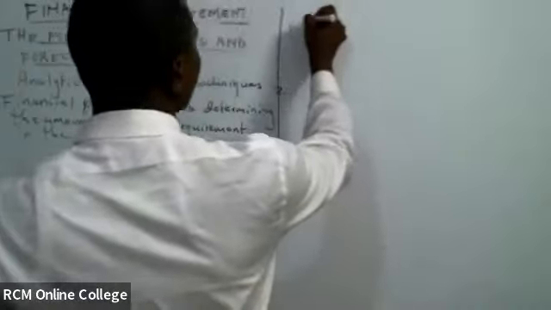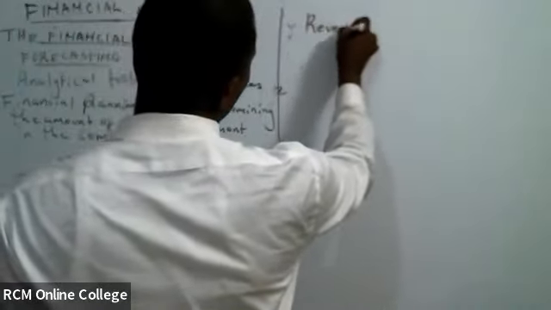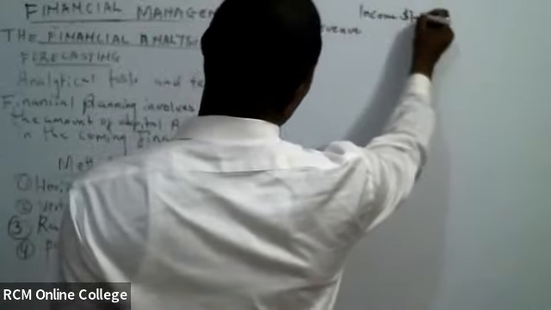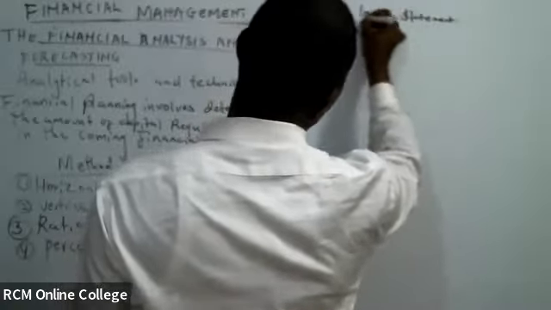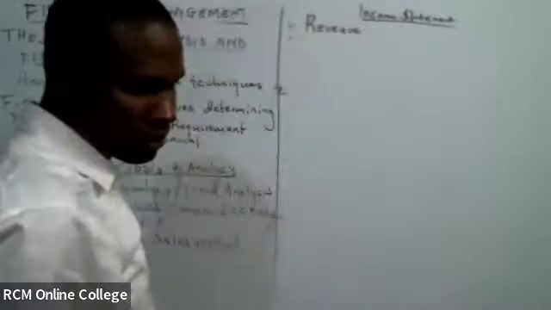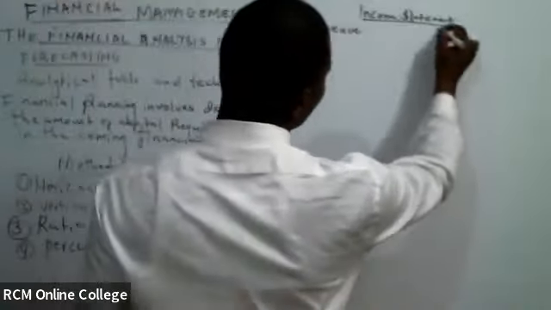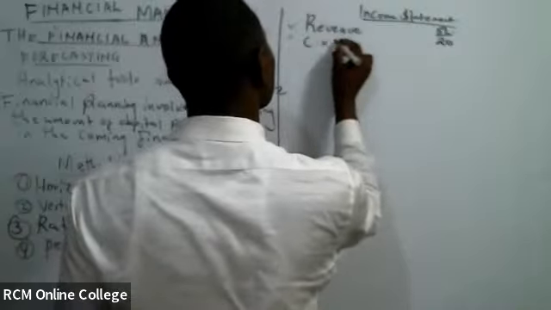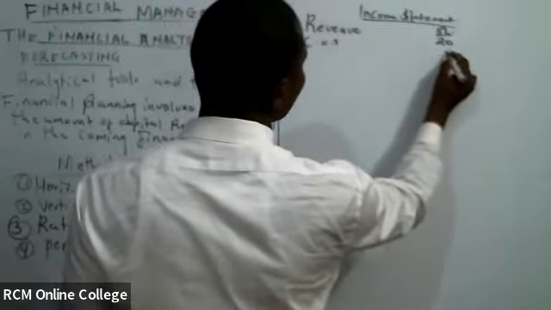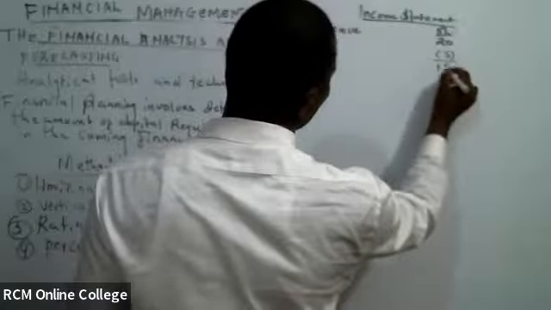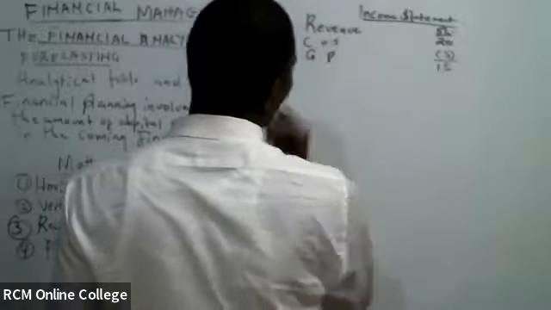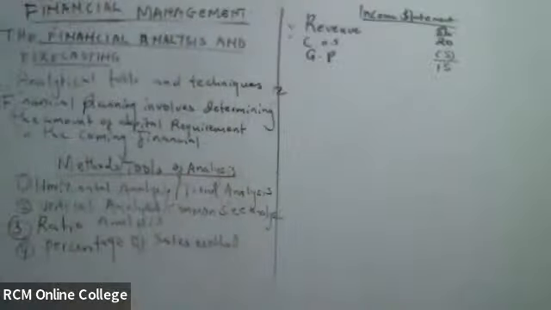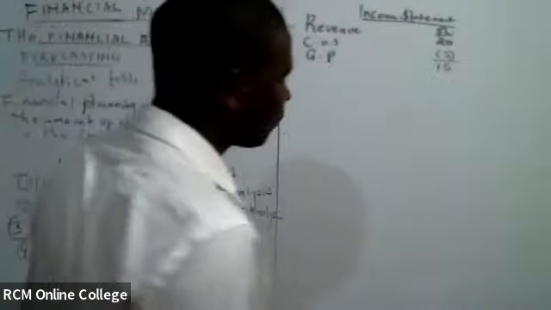So if I have my income statement, whereby I have revenue here of 20, I have cost of sale of 5, and that will give me a gross profit of 15.